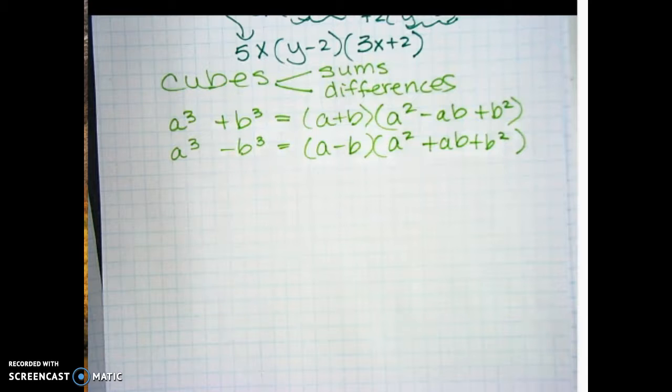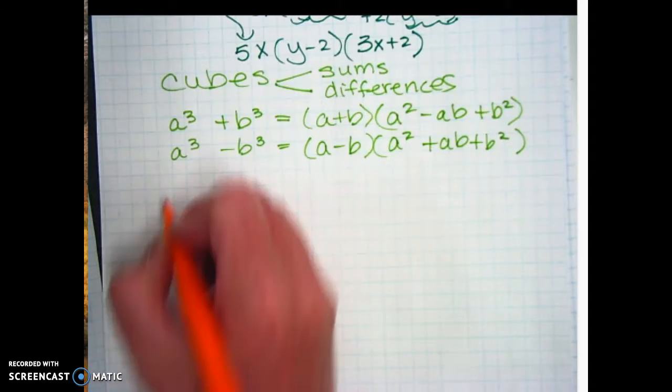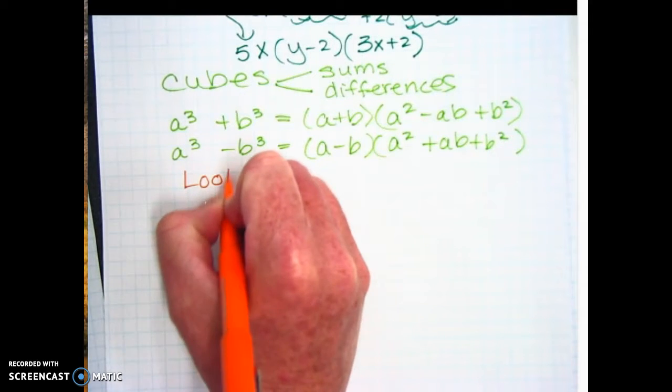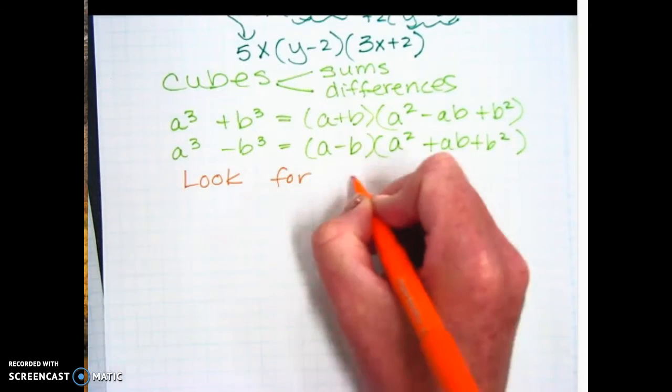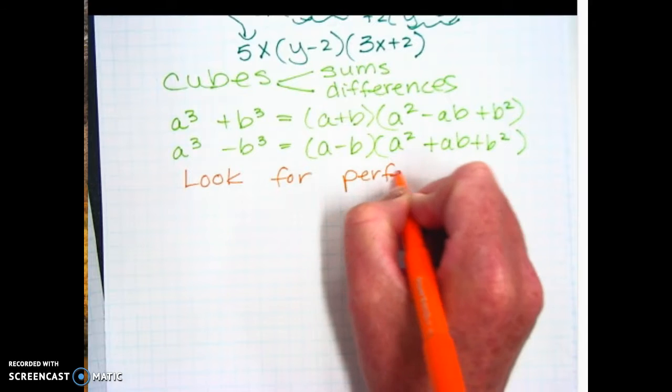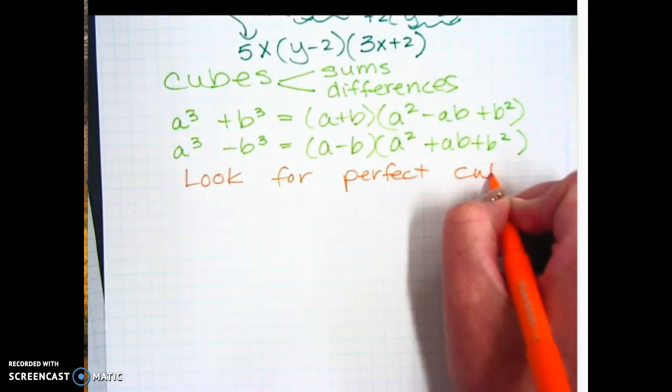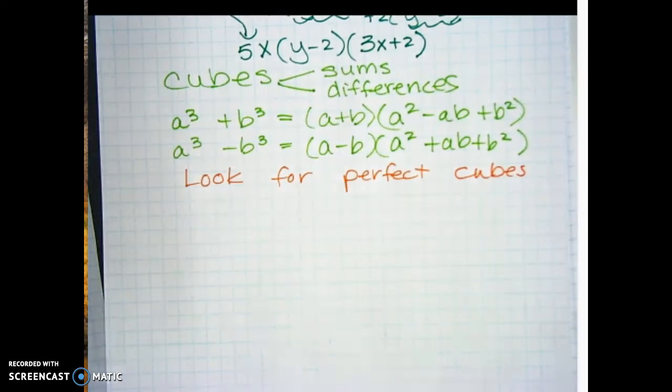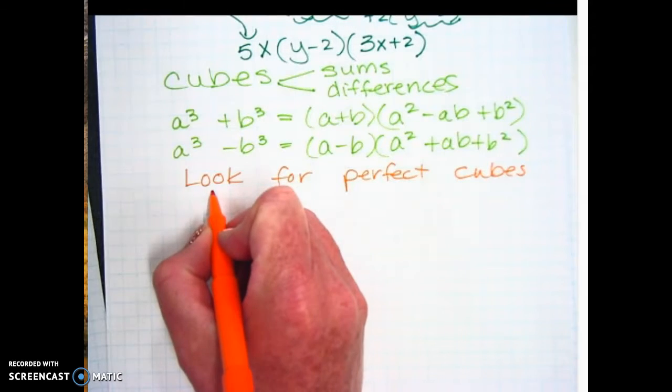Okay? Now you guys are really good at looking for perfect squares, but are you good at looking for perfect cubes? Most of your perfect squares you guys have memorized, and only a few of the perfect cubes you probably have memorized. 1 cubed is 1, because 1 times 1 times 1 is 1.